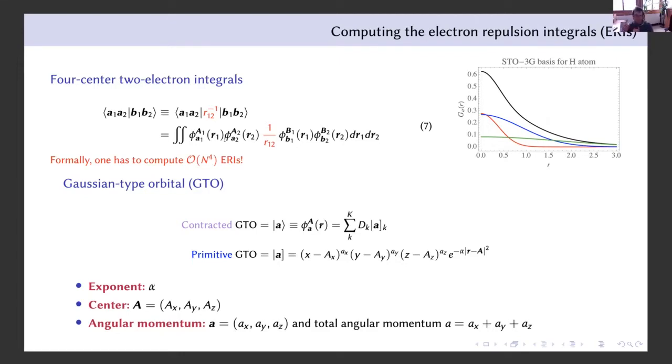Formally, and I stress that point, you have to compute n to the 4 ERIs. If I have n basis functions in my system, and I'm going to use that notation all the time, you have n times n times n times n two electron integrals to calculate.